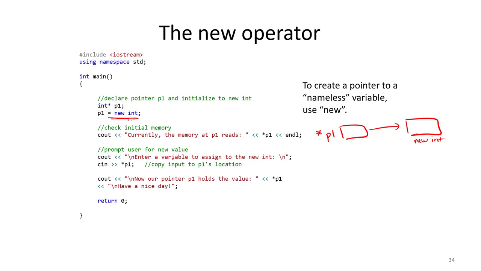But I can actually prompt the user to give me a value. And here I could, if I received, for example, the value 99, notice I can use the dereferencing operator, or asterisk, to copy the user's input and store it where p1 points. So we'll take a closer look at the new operator and these dynamic variables in our next video.